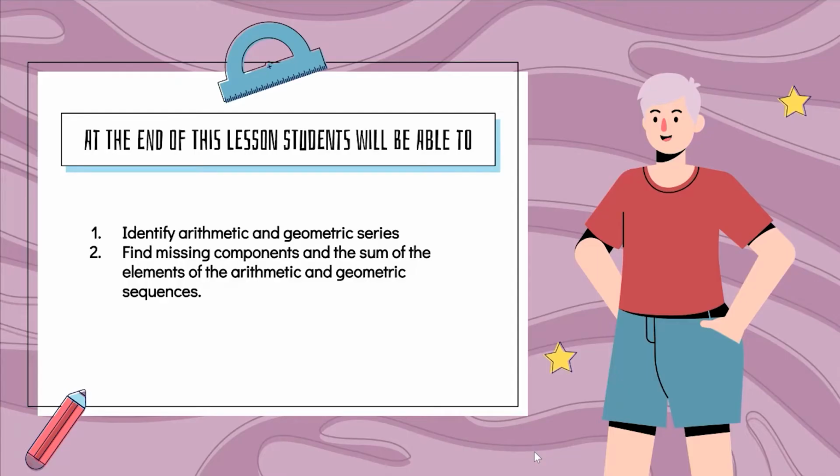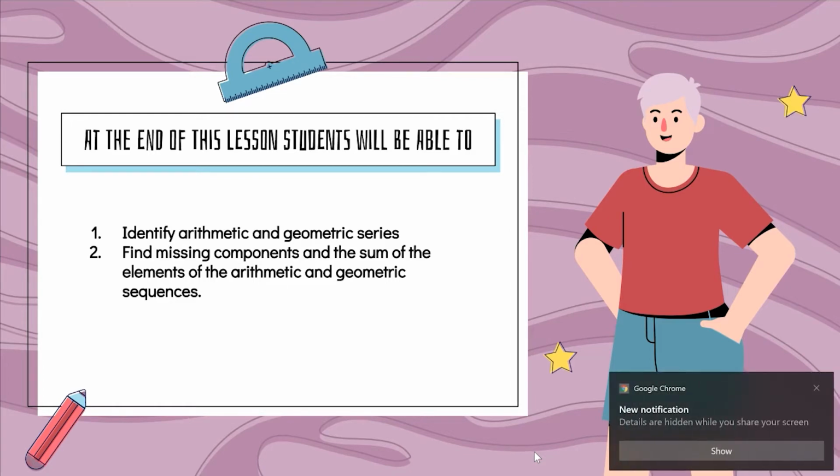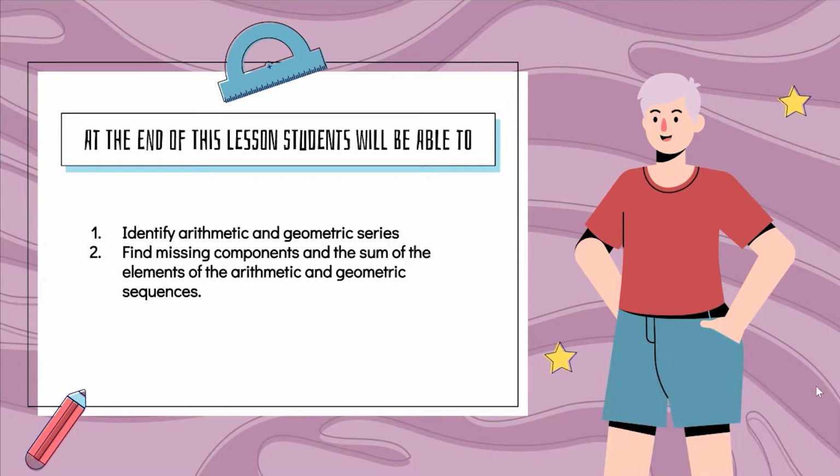Next one. At the end of this lesson, there is some homework and a test to help you understand better. Identify arithmetic and geometric series. Find the missing terms and the sum of the elements of arithmetic and geometric series.